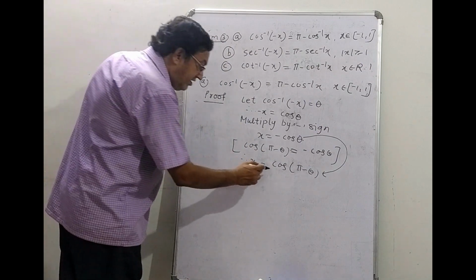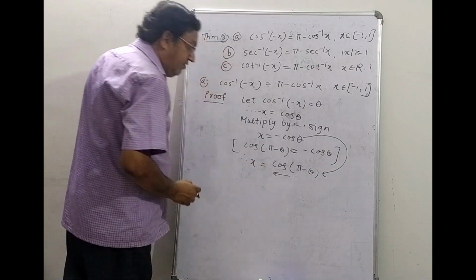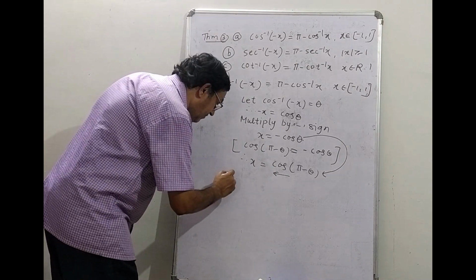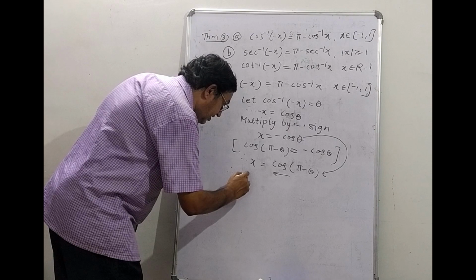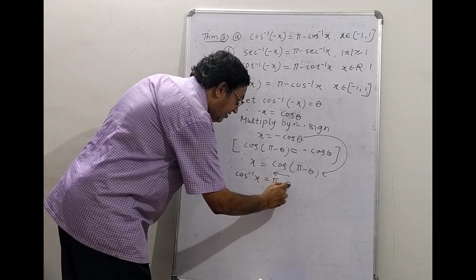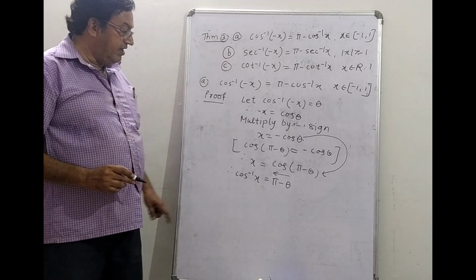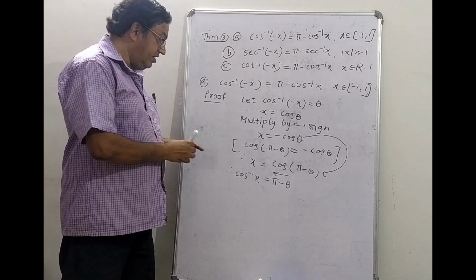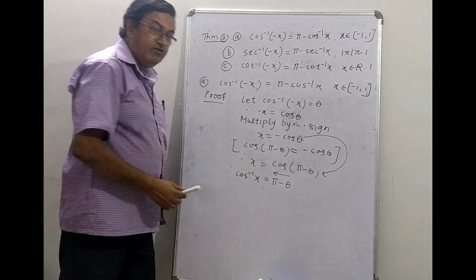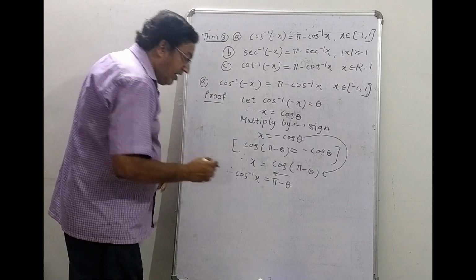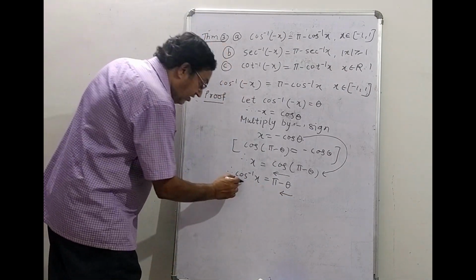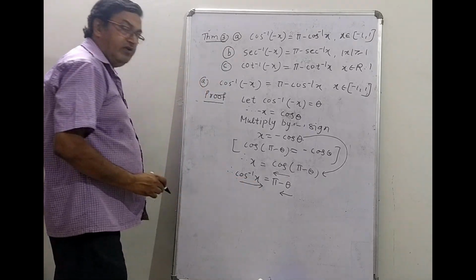Now if you transfer this cos to the left hand side using the definition of inverse trigonometric function, we can write cos inverse of x is equal to pi minus theta. Now this theta I will transfer to the left hand side, and cos inverse of x to the right hand side.